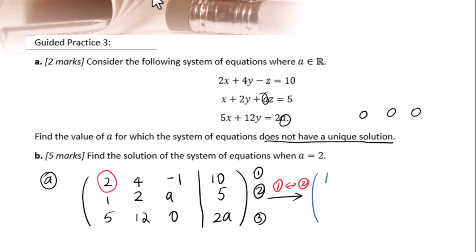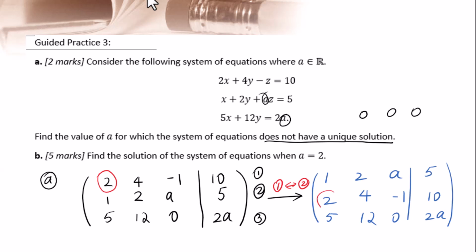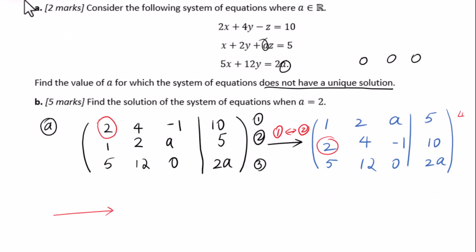We get 1, 2, a, 5; 2, 4, negative 1, 10; 5, 12, 0, 8. Next step, we try to make this into 0. Row 4, 5, 6.